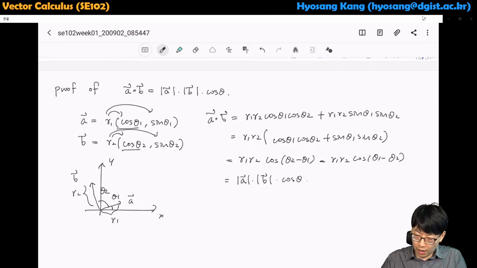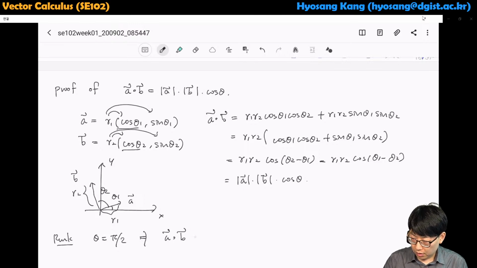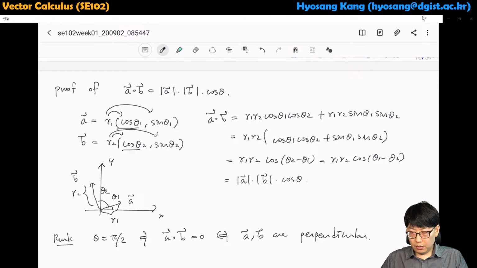Remark: whenever theta equals pi over 2, then A dot B equals 0, and this means that A and B are perpendicular. Perpendicular means the same as orthogonal.